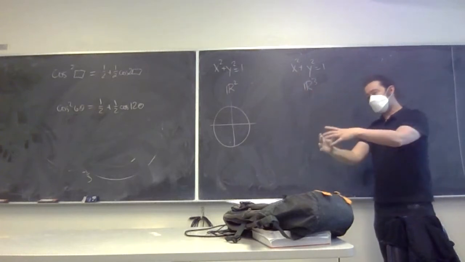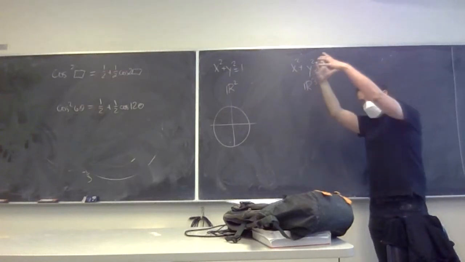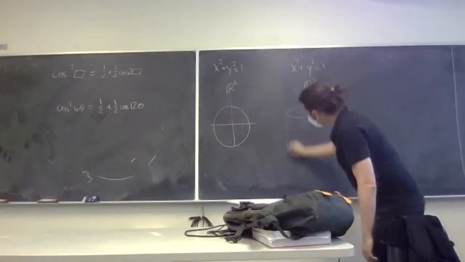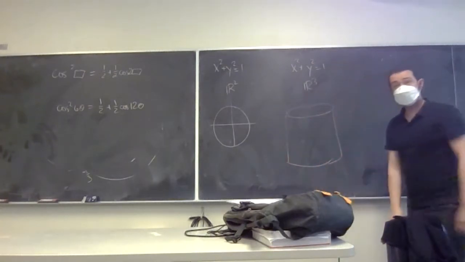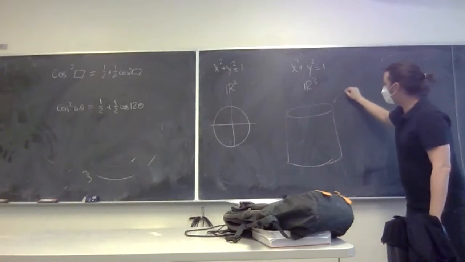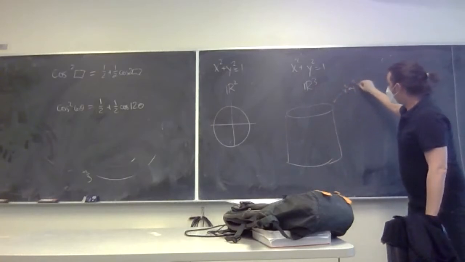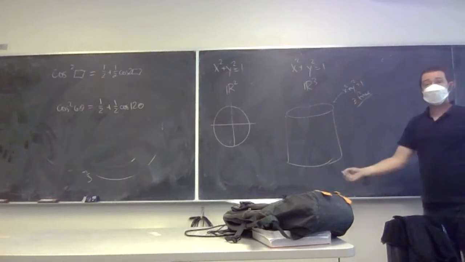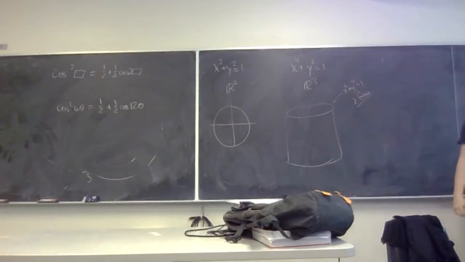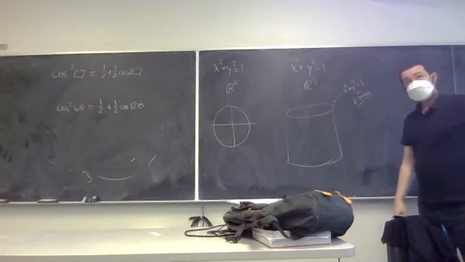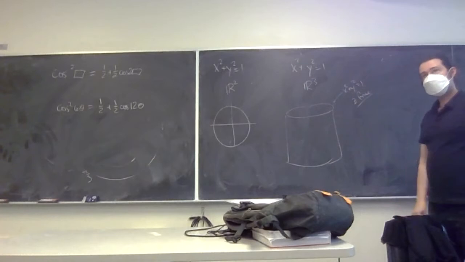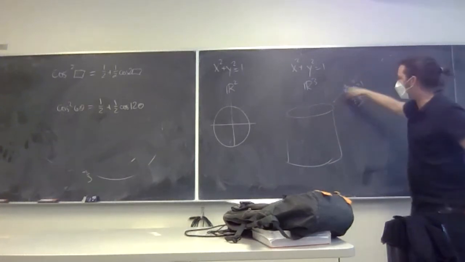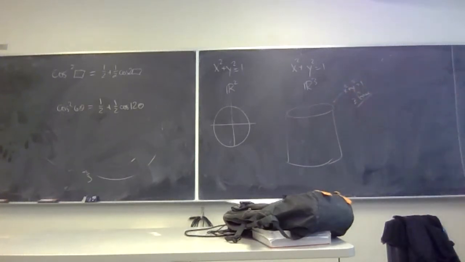But if I have a circle, but I can move the z values anywhere, I don't have a circle, I have a cylinder, where the cross sections of the cylinder satisfy this equation, but z was free. No constraint on the choice of z. So the answer is this thing in R3 is a cylinder because there's this extra variable running around.